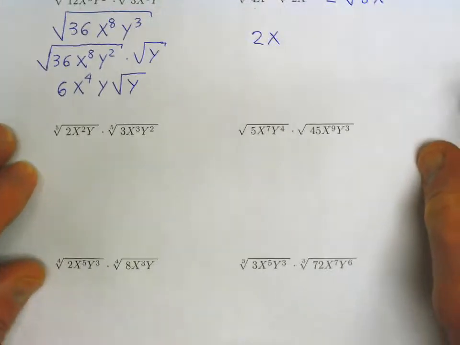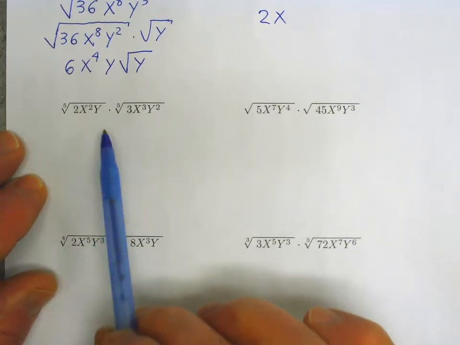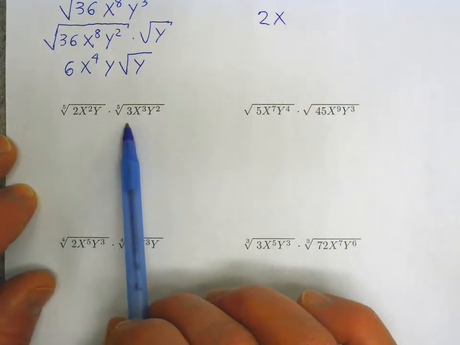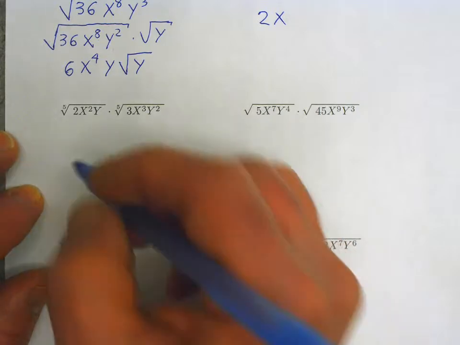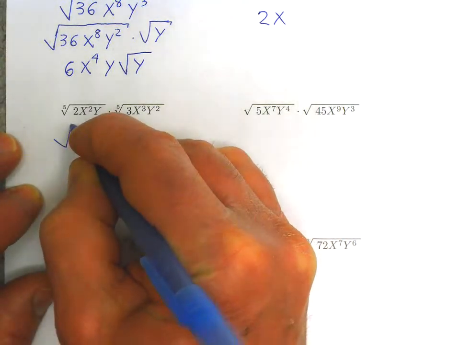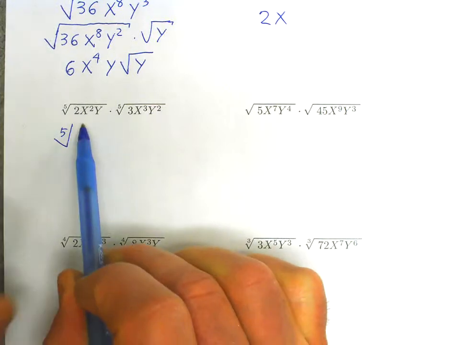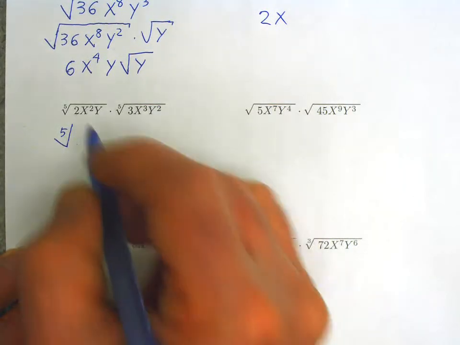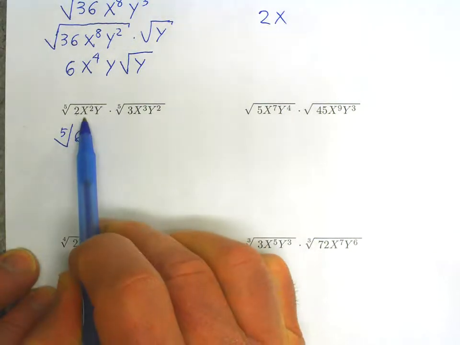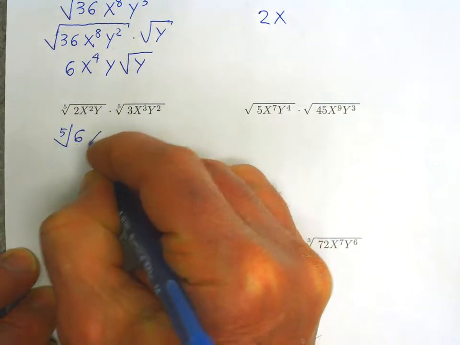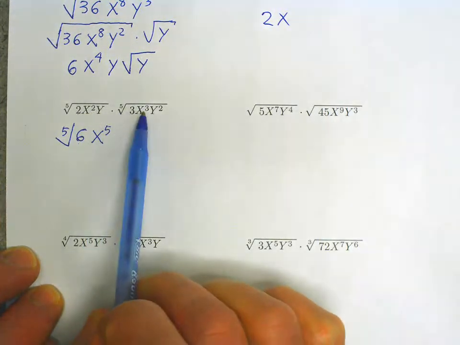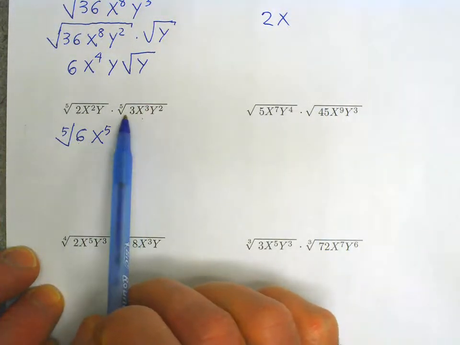Okay, the next one involves multiplying two fifth roots. The fifth root of 2x to the second y times the fifth root of 3x to the third y to the second. So let's write it as a single fifth root. Inside the single fifth root, 2 times 3 is 6. x to the second times x to the third is x to the fifth. We're adding the exponents when we multiply the terms with the same base.